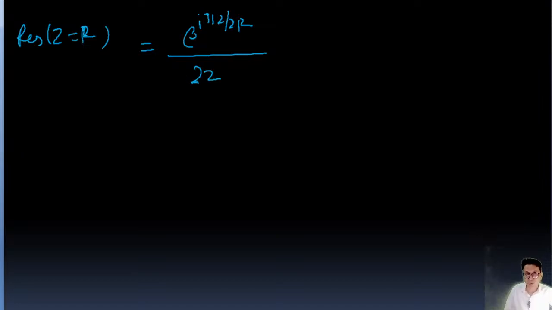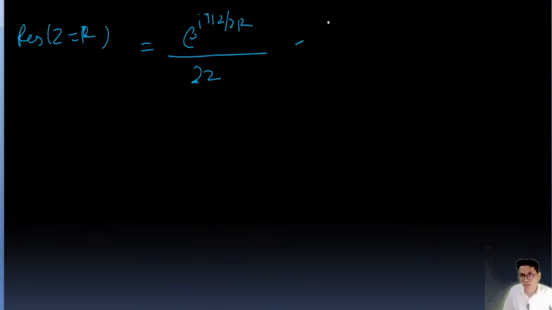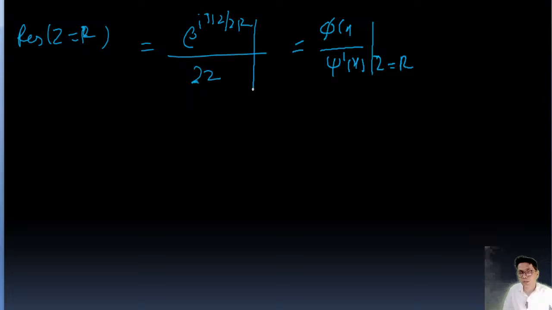Okay, what we have done is this: we have used this formula, phi x upon phi dash x at z equal to r, right? So this is at z equal to r. So phi x will remain as it is, right? So now we'll put the value. So this is going to be e to the power iota pi by 2 upon 2r.